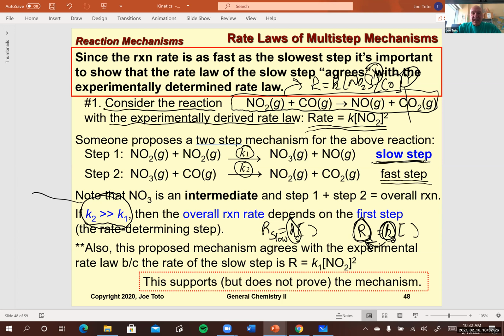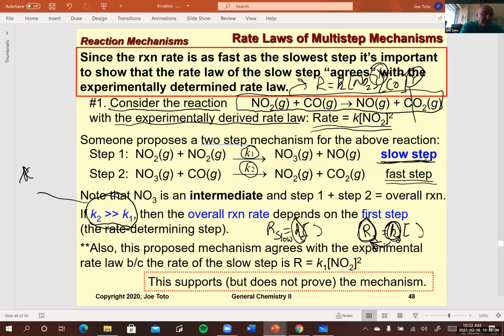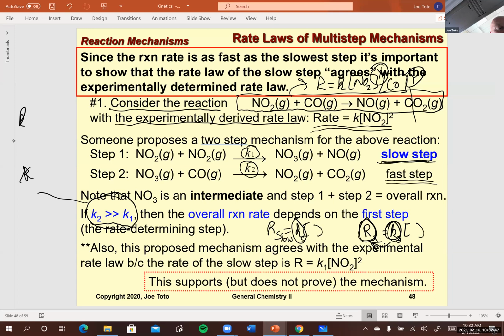Another way to look at it is through activation energy. We know that K, the Arrhenius K, let me write it over here. K equals A times e to the minus EA over RT.